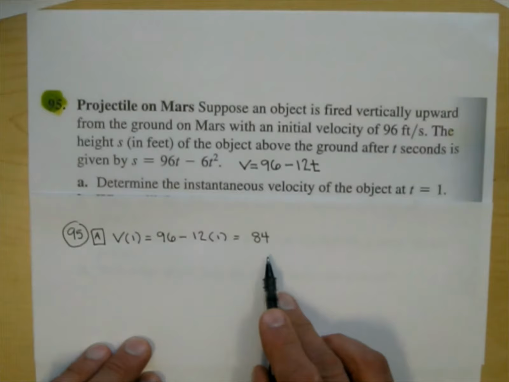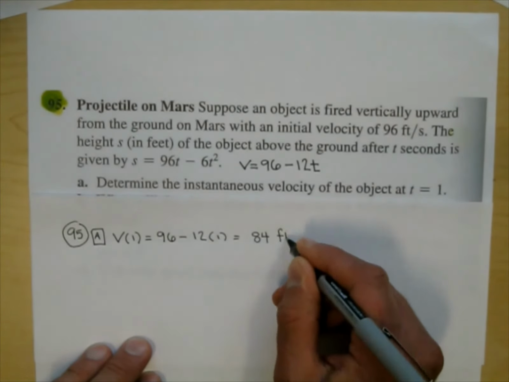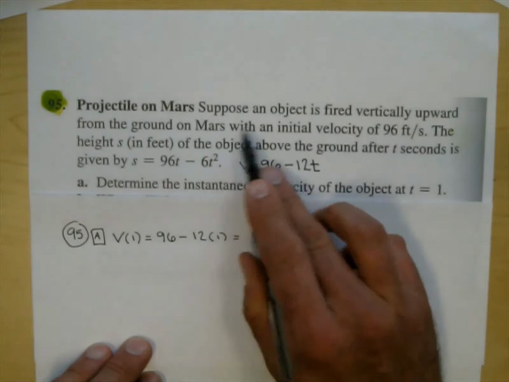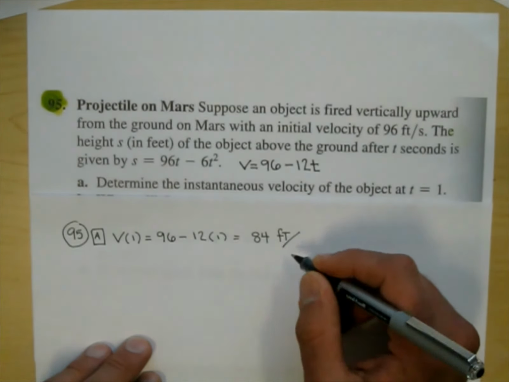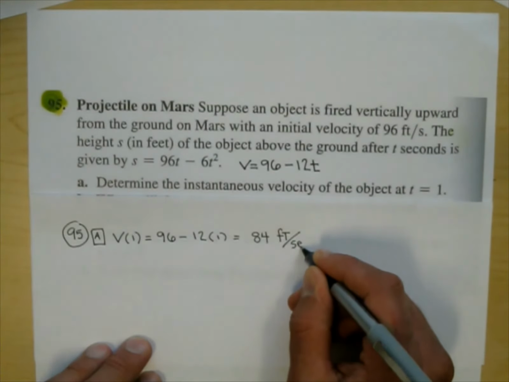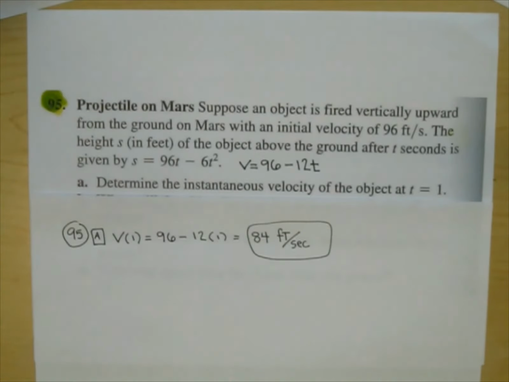So don't forget on the exam to put your units. This is a velocity, so this is feet. And we look at the units, sometimes they're meters and they're different units, but this is feet per second. So that's how you do that problem. I think this is a problem that is like the ones you might see from 3.6.